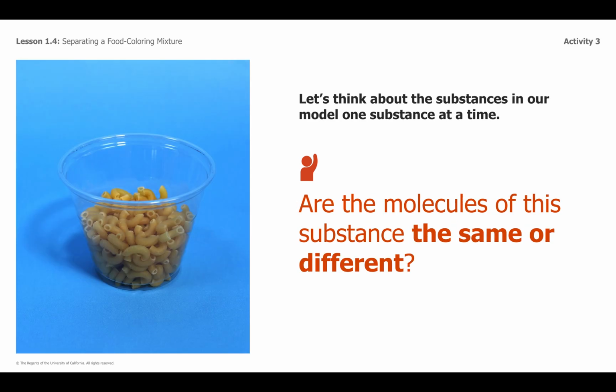All right. Let's think about the substances in our model, one substance at a time. Are all the molecules of this substance in this picture the same or different? Pause. Okay, hopefully you notice that the macaroni molecules are the same, but between the 3 cups, they're different.